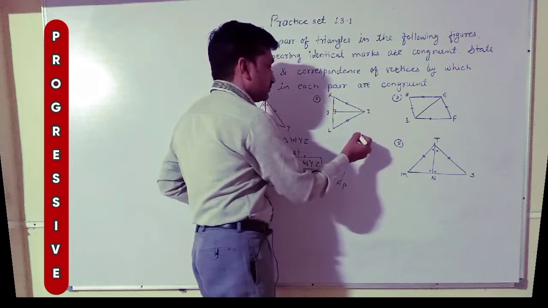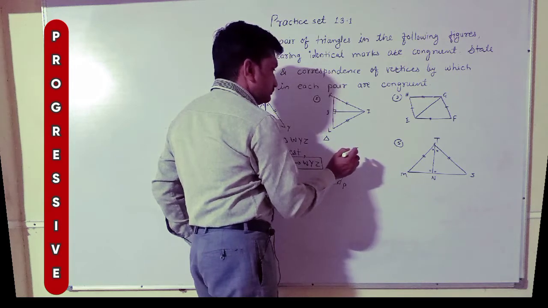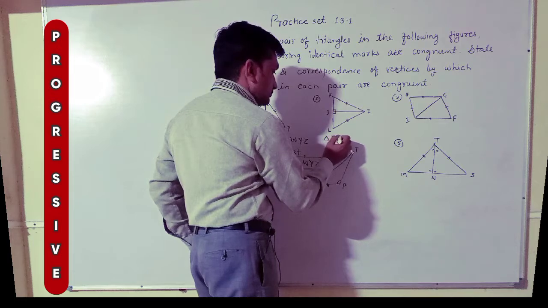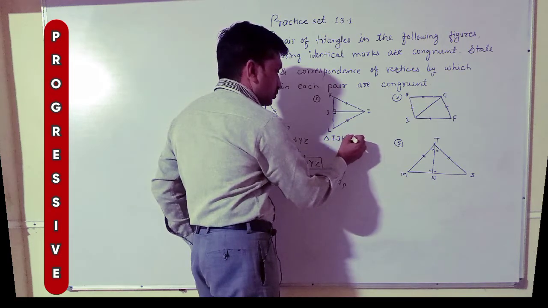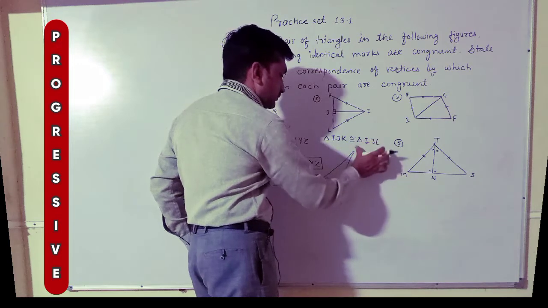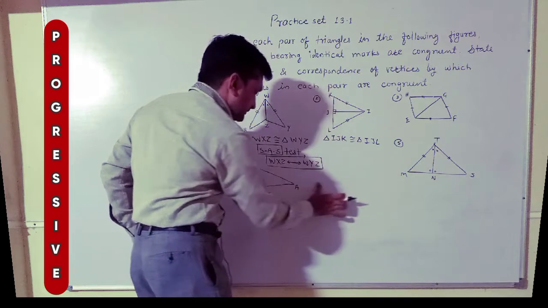Now here we can write triangle IJK congruent with triangle IJL. Now this figure I erase.